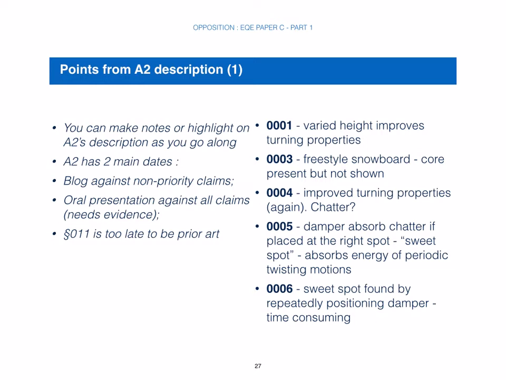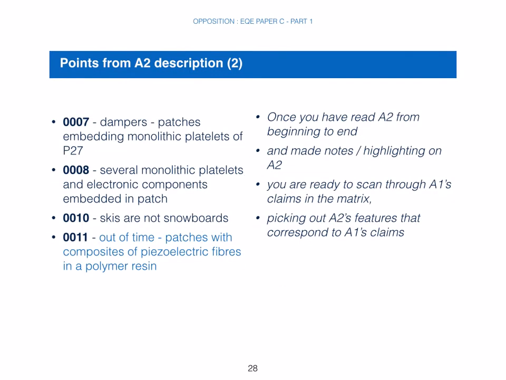Paragraph 6, if we turn over the page, says that the sweet spot is found by repeatedly positioning the damper, and we can say that that is time consuming. So we turn over then on the next slide, paragraph 7.